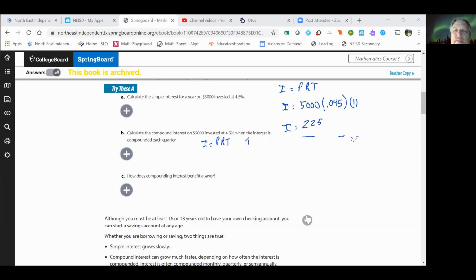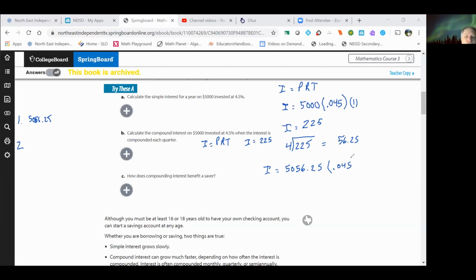So after the first quarter, we earn $56.25. We add that to the 5,000. So after the first quarter it is 5,000 plus $56.25. Then we find the simple interest on that. The interest is equal to 5,056.25 times 0.045.